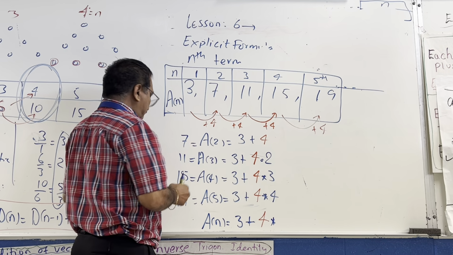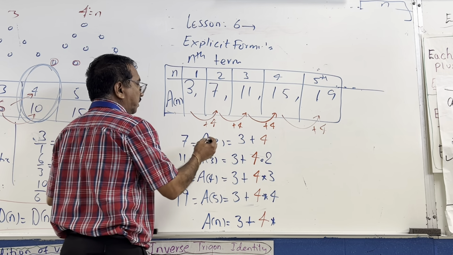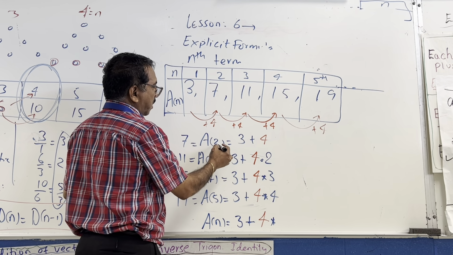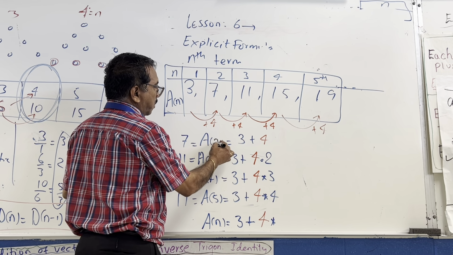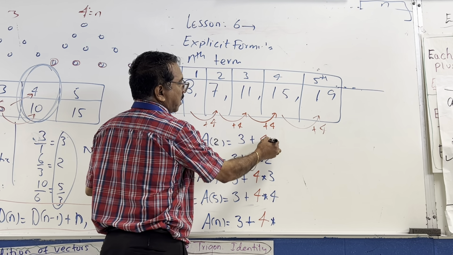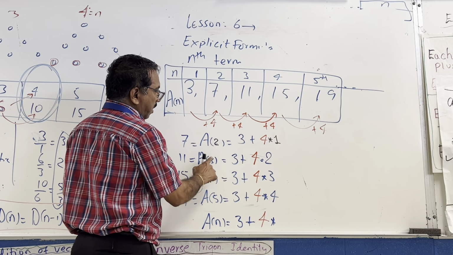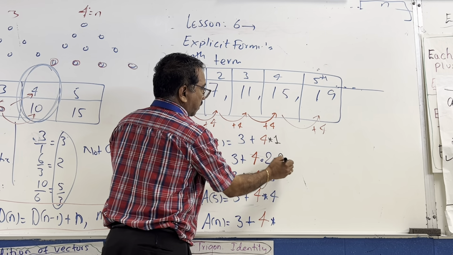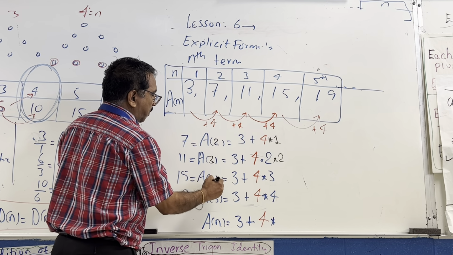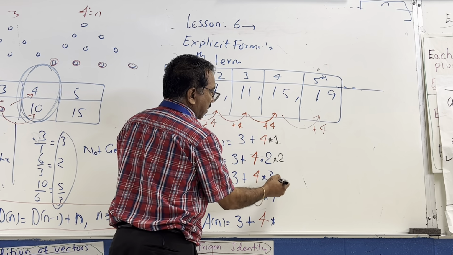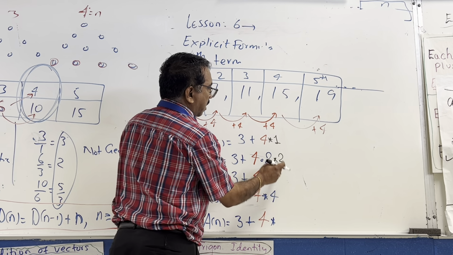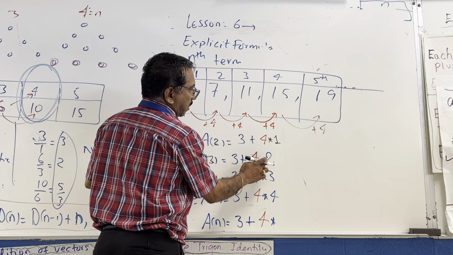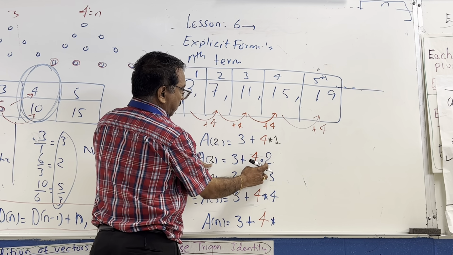What I want you to really check out is, if this is 3, this is times 2, so it is 1 less. If this is 2 here, this is a single one, times 1. If it is the fourth position, it means this is 1 less. So this 2 is 1 less than 3.